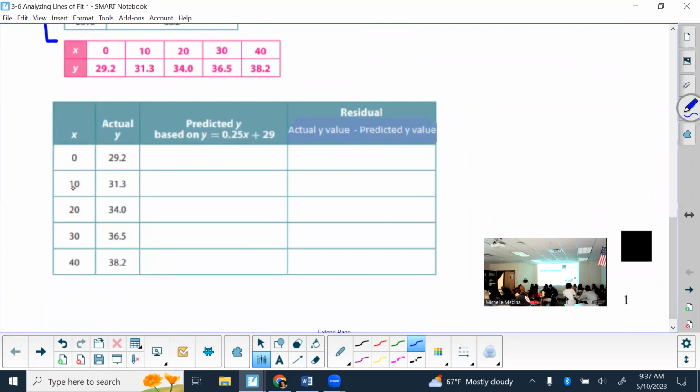So here's my input. Here's my actual data that I observed. Now we're going to find what the predicted is based on the trend line. So how are we going to find them? Would we plug in this X or this Y? Okay, why do you think Y?